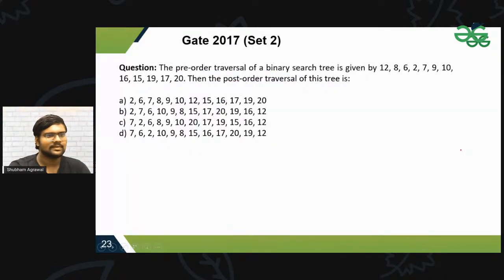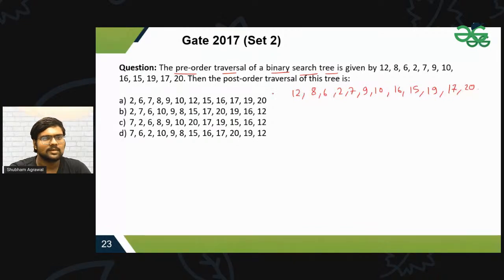Okay, so in this we have been given the pre-order traversal of a binary search tree. The pre-order traversal is 12, 8, 6, 2, 7, 9, 10, 16, 15, 19, 17, and 20. Now the in order of this would be the sorted order of this.